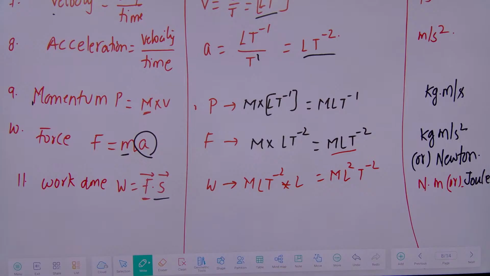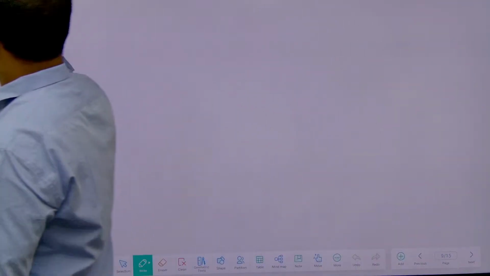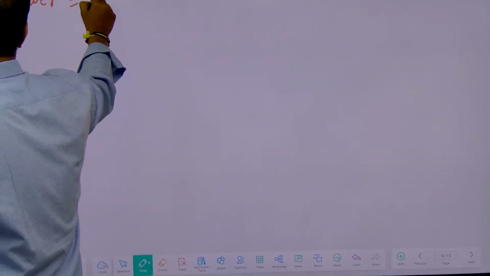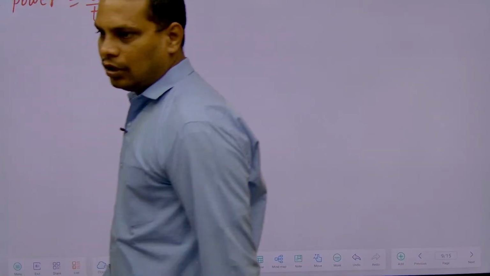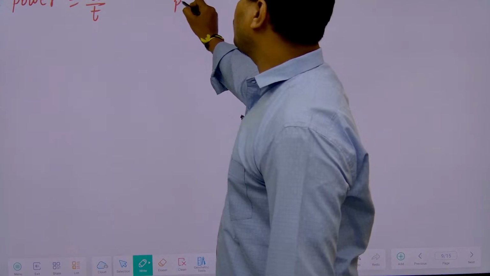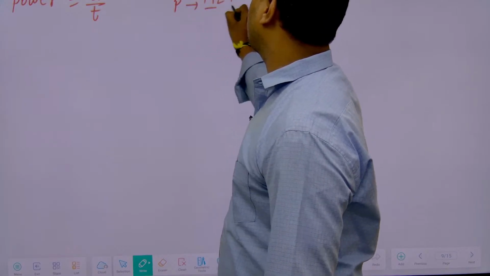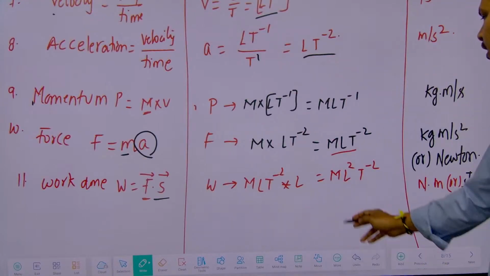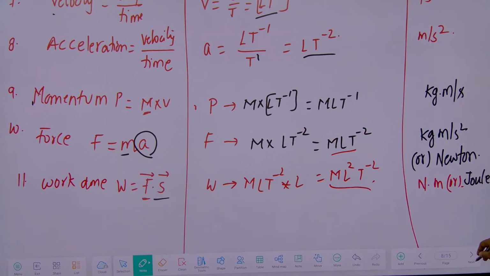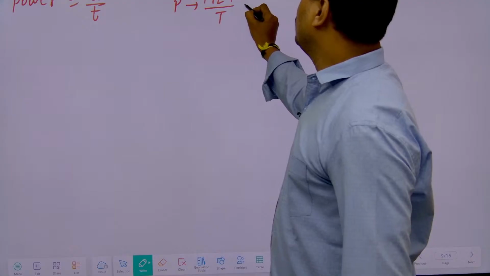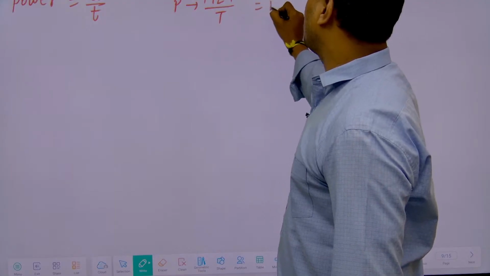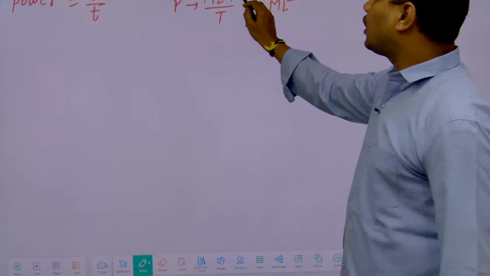Is it done? Shall I move to the next one? Next is power. Power formula is work done by time. The dimensional formula for work done is M L square T power minus 2, just now we calculated. By time, which is T. So the total dimensional formula is M L square, and here T power minus 2.